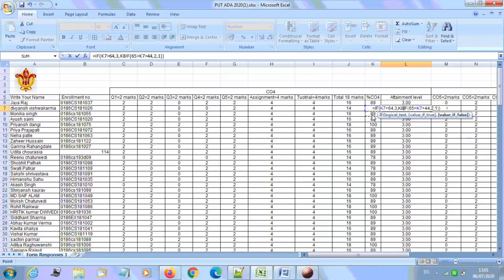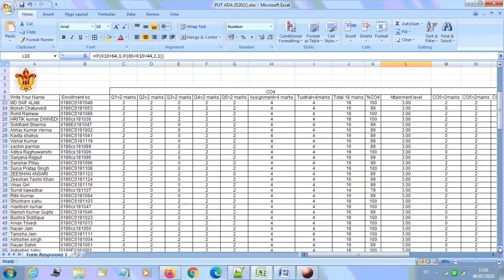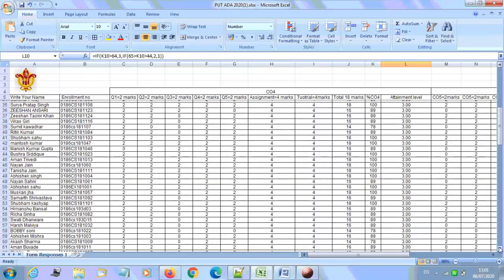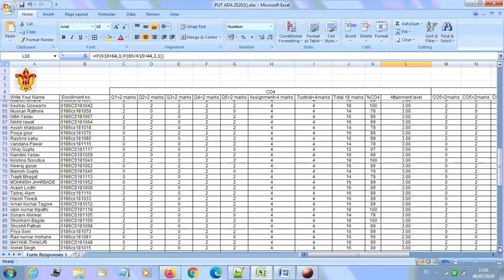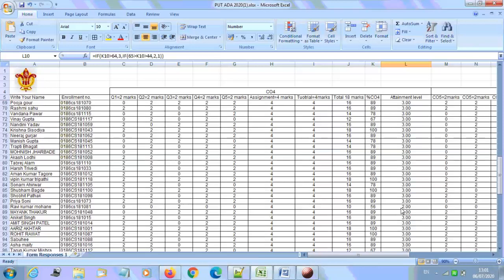For the value 2, the percentage is 56, so it is between 45 and 65, and the attainment level is 2. By this we calculate the attainment level.